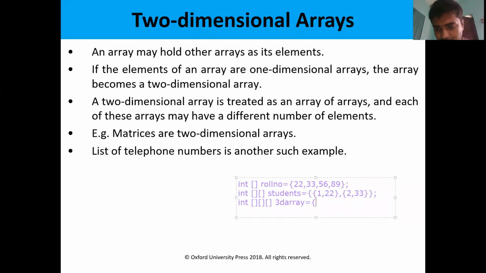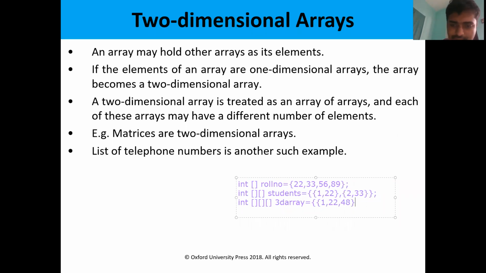That means we have 1 comma 22 comma Venkat, maybe within a string. But in an array we have the same data type. We can't give a string here. We are declaring this array as int, so all of the elements are treated as integer type elements. That's why we have to give integer numbers only.